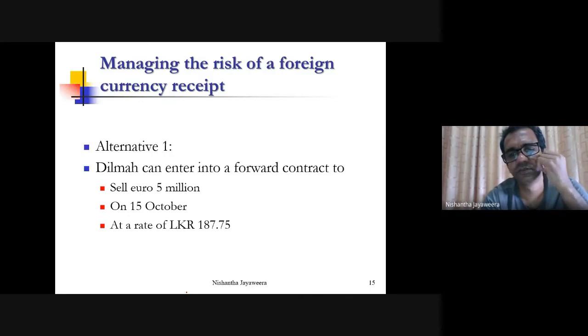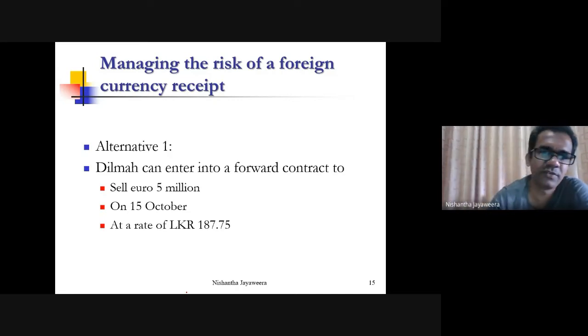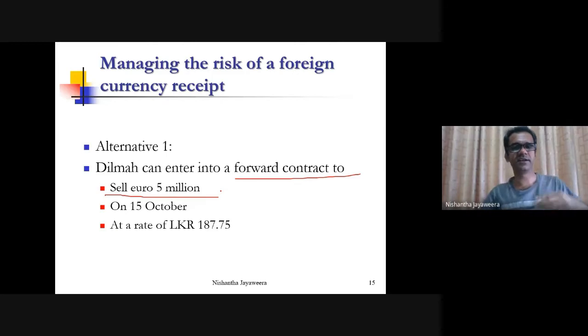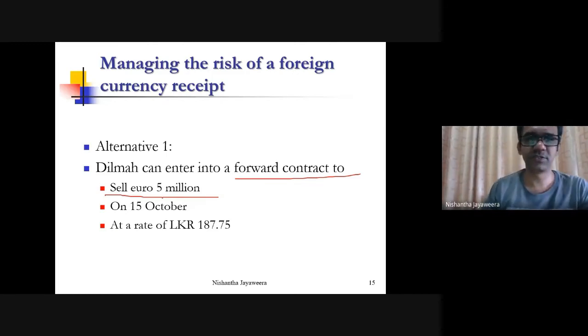What the exporter wants to do is to sell that euro and buy rupees. So the first alternative is to enter into a forward contract to sell euro 5 million.